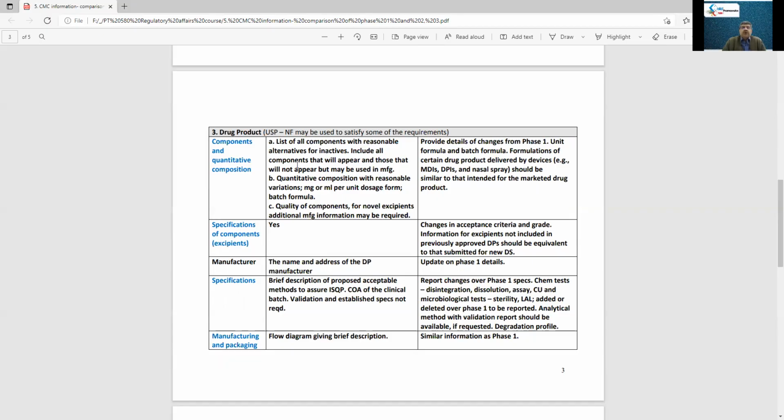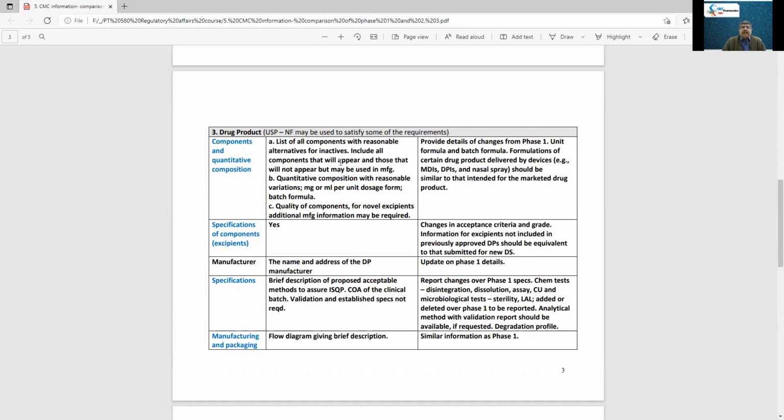And we need to include all components that will appear and those that will not appear but may be used in manufacturing. By this, what we mean is, say for example, we are using water for granulation, that is wet granulation, but in the drying step, the water will be removed from the product.